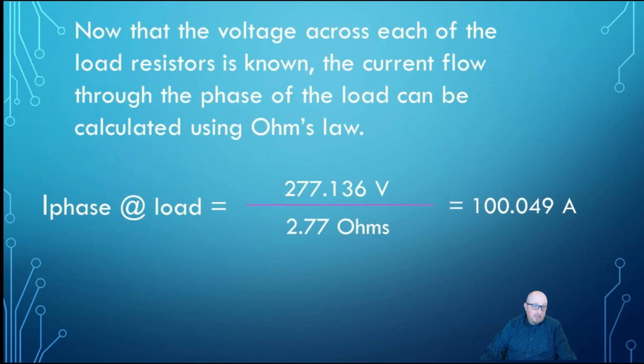Now we have voltage across the loads. Each of the load resistors is known. The current flow through the phase of the load can be calculated using Ohm's law. We have 277.136 volts and 2.77 ohms. We have 100.049 amps.